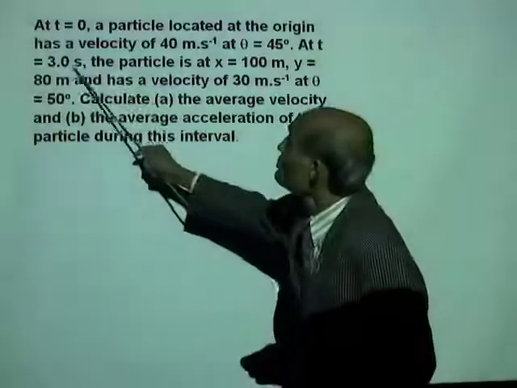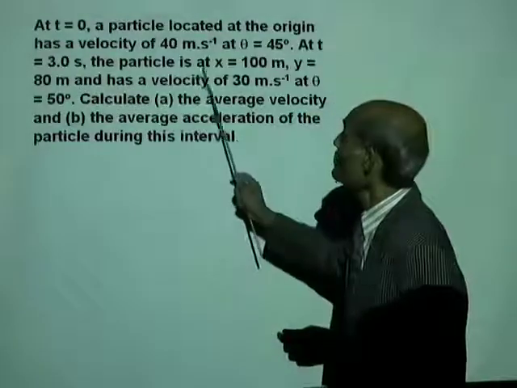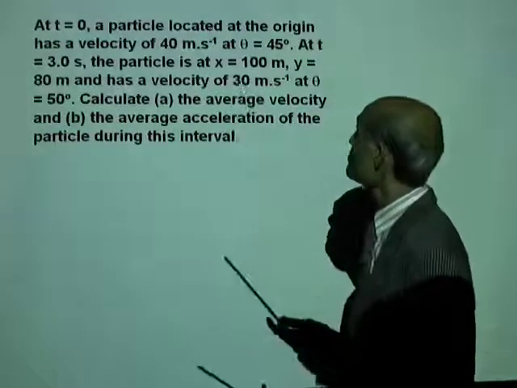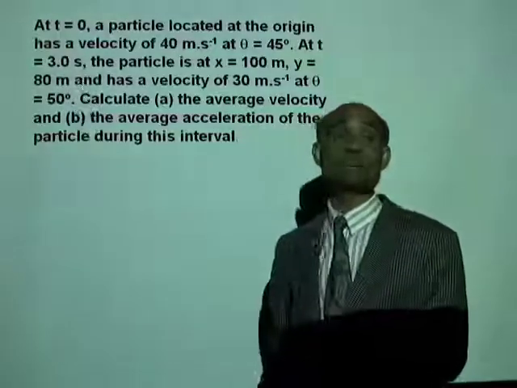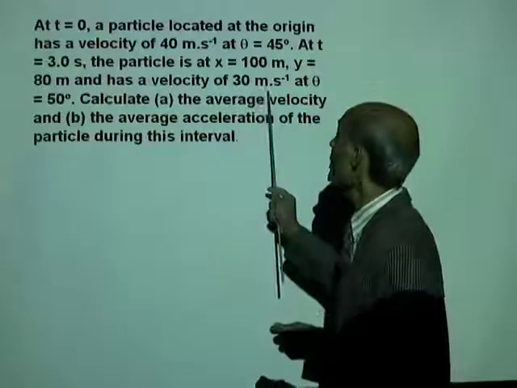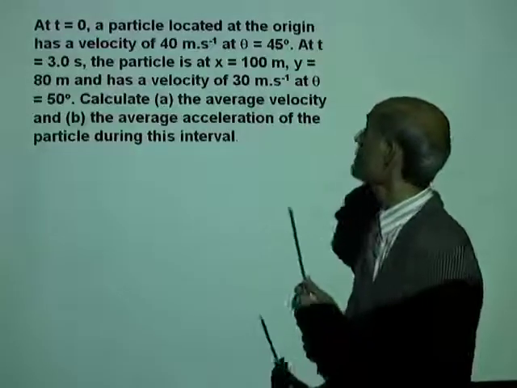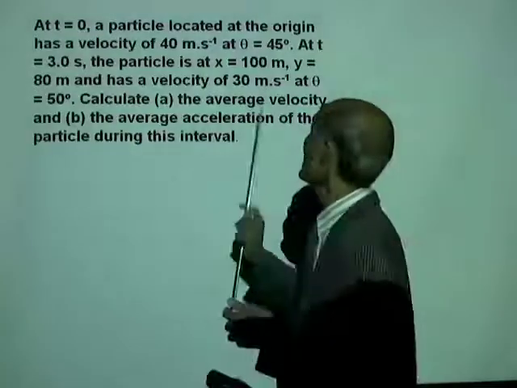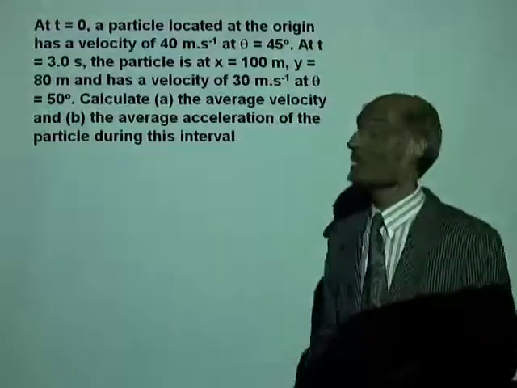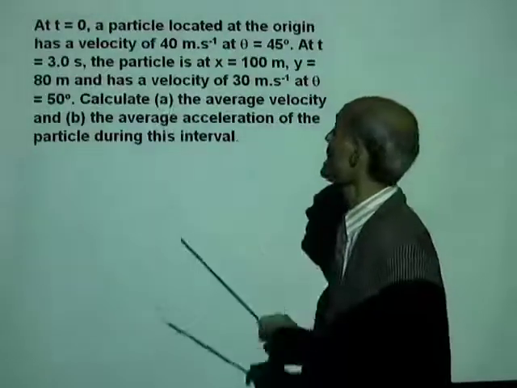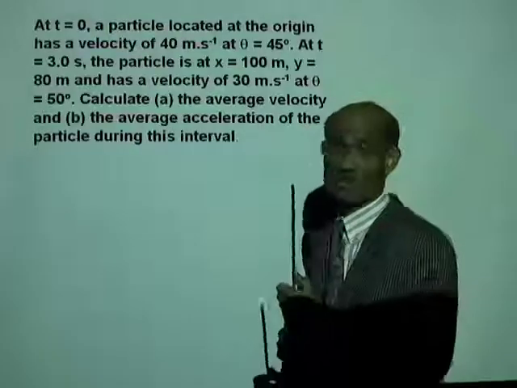At t equal to 3 seconds, the particle is at x equal to 100 meter, y equal to 80 meter, and has a velocity of 30 meter per second at an angle theta equal to 50 degrees. Calculate A, the average velocity.